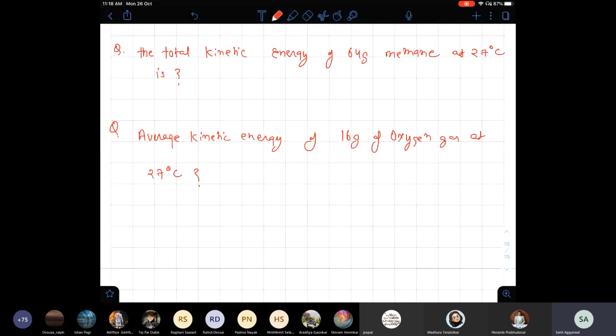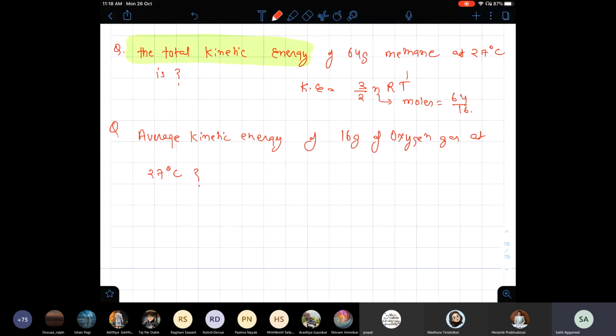Three by two nRT for the first one or for the second one, Madhura? For total kinetic energy, 3/2 nRT, where n is mole. Mole is given mass upon molar mass.